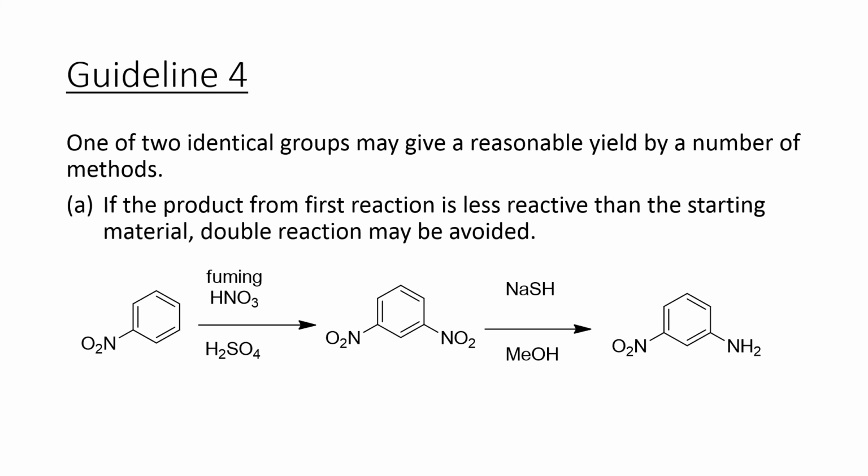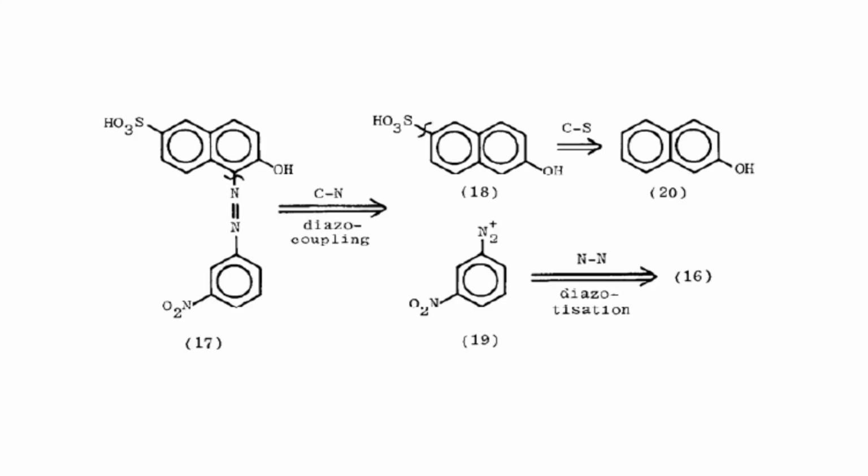Partial reduction of meta dinitrobenzene: this reduction involves the acceptance of electrons from the reducing agent. So in this case we get one nitro group reduced.